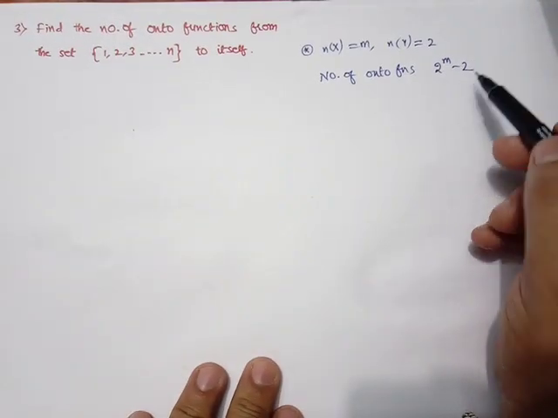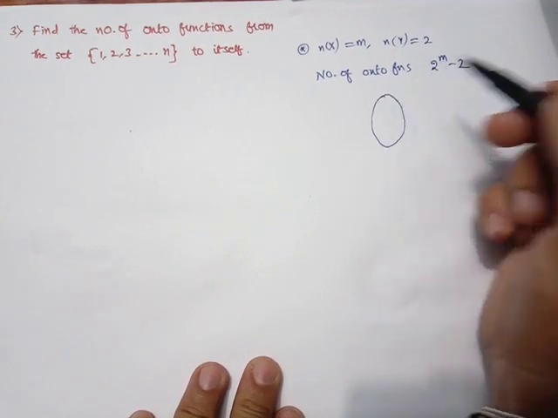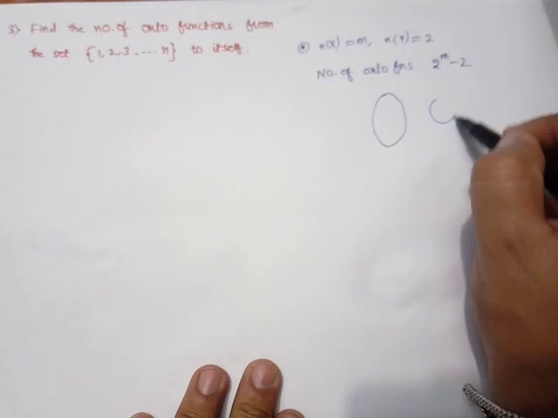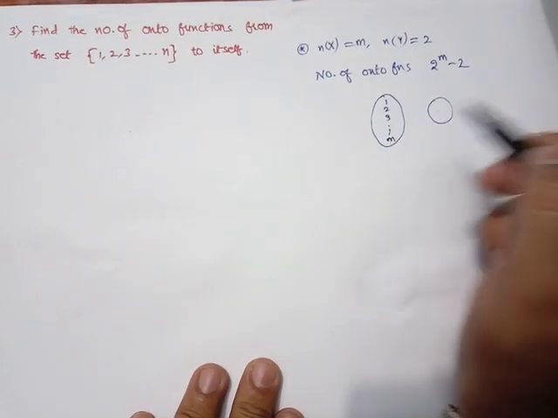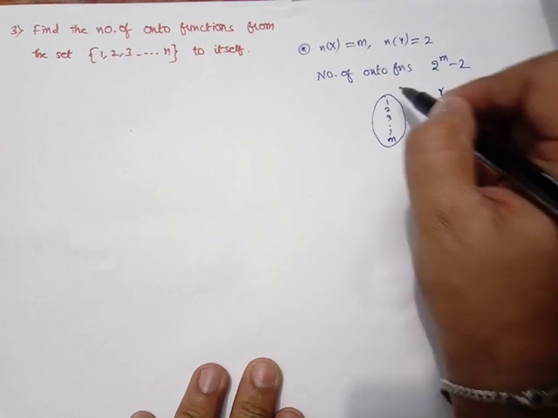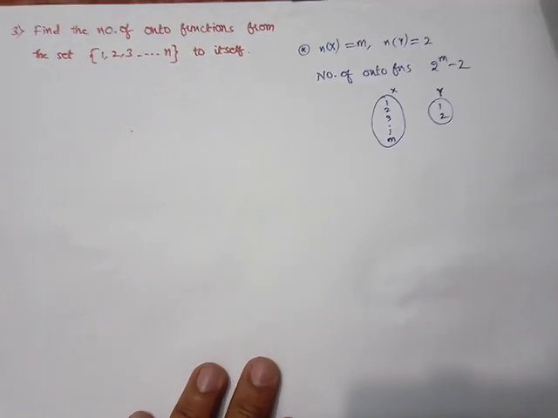How did this 2 power m minus 2 come? So we'll see here. The first set is containing m elements 1, 2, 3 and so on, m elements, and the second set is containing 1 comma 2, only 2 elements.